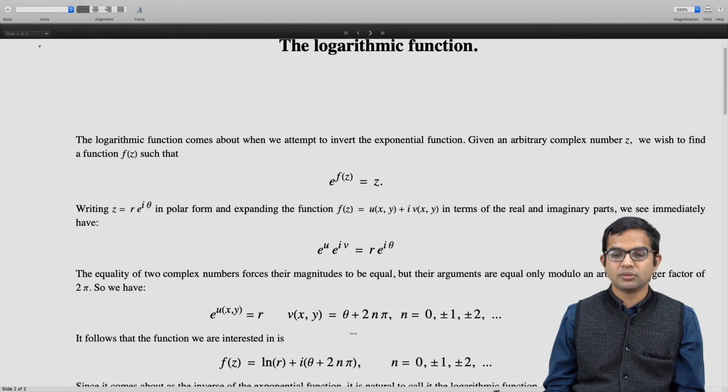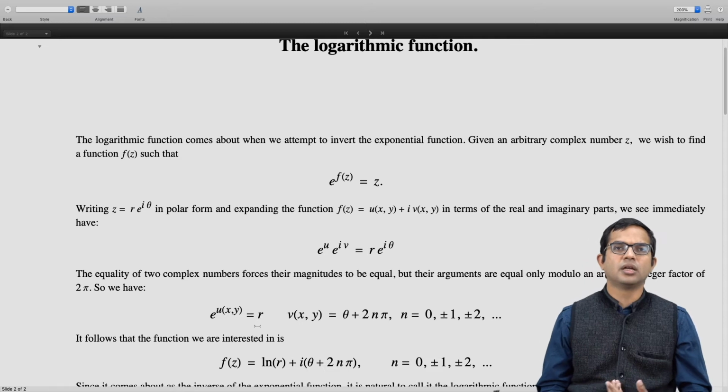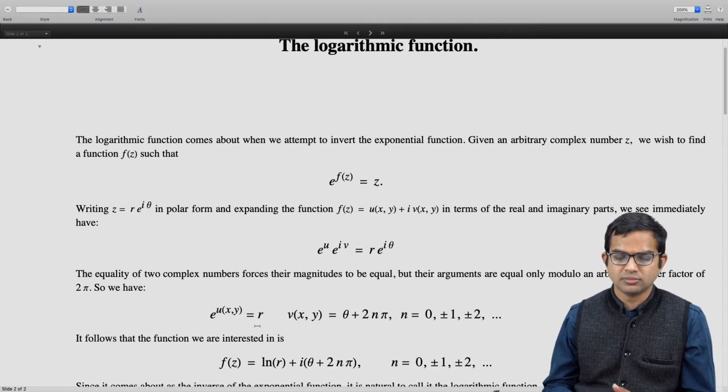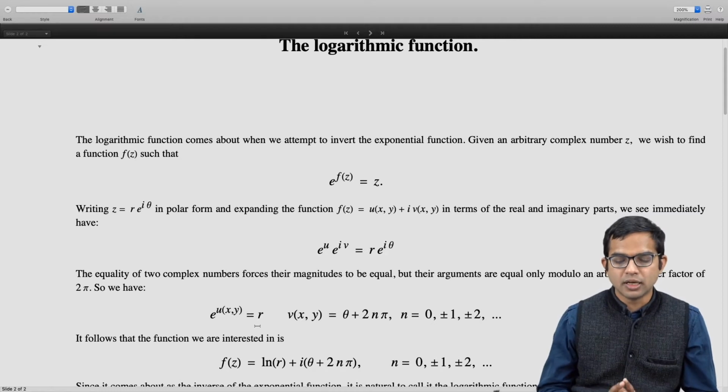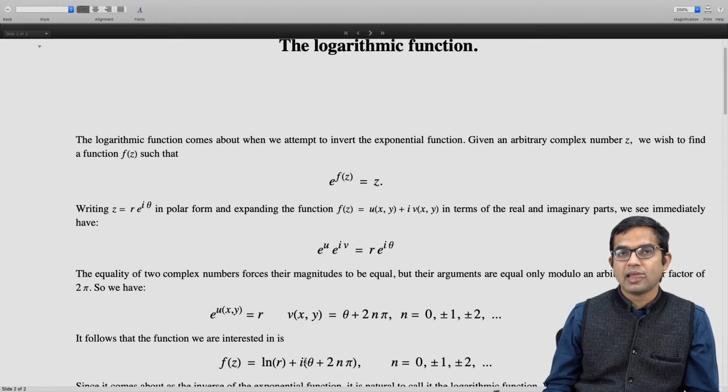So therefore, for this function f of z, we can think of the real part as log of r. Log of r, where r is a positive real number, is of course a familiar concept, right? It's the natural logarithm of a positive real number. And then there's an imaginary part, and there's some ambiguity around this, right?